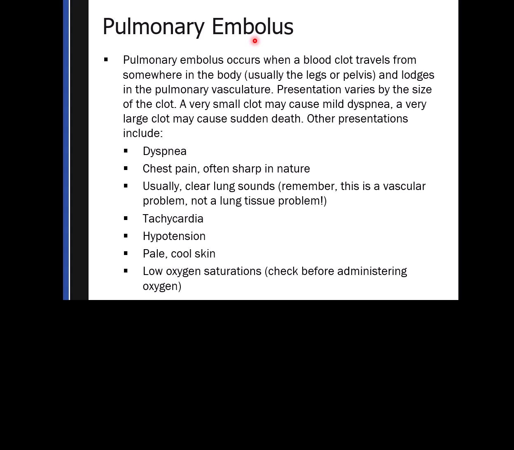Other things that you might see with this patient is that you can have a sudden cardiac arrest. Your patient is fine, and now they are dead. Also, you may see what is known as the pulmonary embolism, or the PE cape. From the nipple line up, your patient's skin looks like a Smurf.